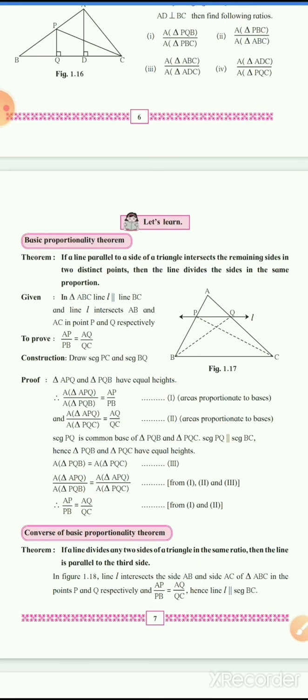Line L also intersects AB and AC in the points P and Q respectively. Here we have to write given: in a triangle ABC, line L is parallel to seg BC, and line L intersects AB and AC in points P and Q respectively. This is the given. Now we have to write to prove.